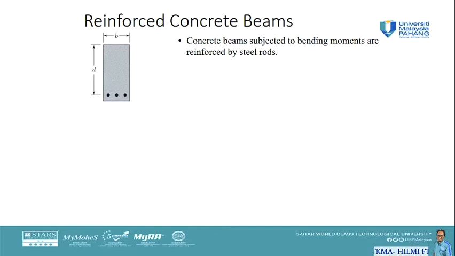So now it is also important to take a look at our surroundings, where one of the examples of composites is the one that has been used to make buildings, which is reinforced concrete beams.